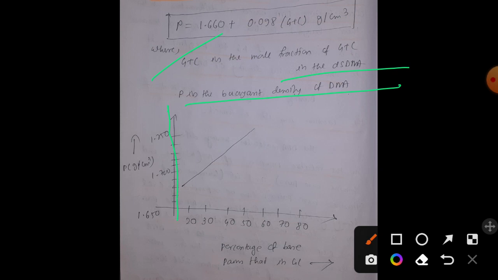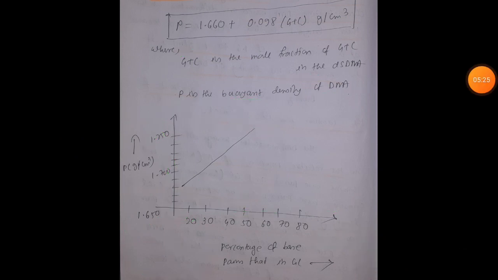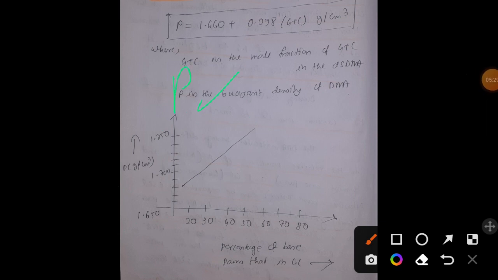Now if we plot this in a graph, taking rho on the y-axis and the percentage of base pairs that are GC on the x-axis, then we will get a linear curve. That simply means rho is directly proportional to the percentage of GC base pairs, right? That is why it is constantly increasing with an increase in GC percentage.